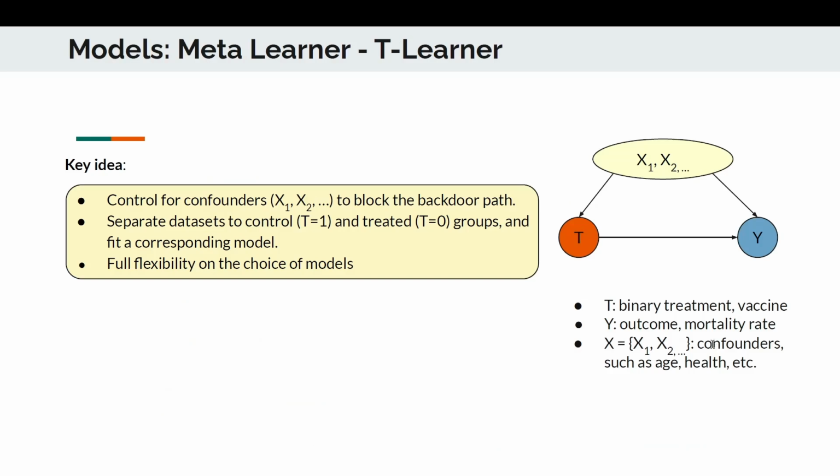An example algorithm on this would be a meta-learner or a T-learner. It is essentially where we utilize multiple treatments, or given any treatment effects like ITE or CATE or average treatment effects. And this allows us to have complete flexibility in the choice of models because we can apply this to any algorithm, actually.